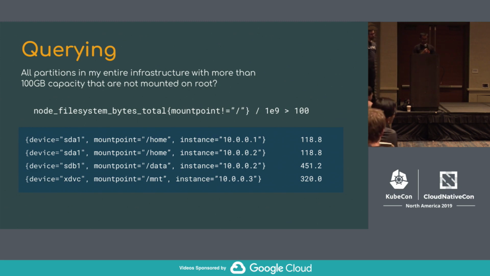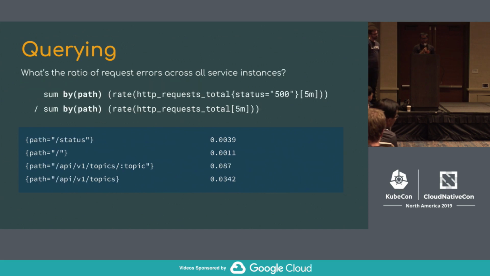Let's take another example, which is a little more complex than the current one. This is to find the ratio of the number of 500 failed requests in your system, aggregated by every path. If you want to find the ratio, it will be in the form of A divided by B. The place of A is taken by the rate at which we are getting the 500 requests aggregated by path, so that we can get the 500 request errors per path.